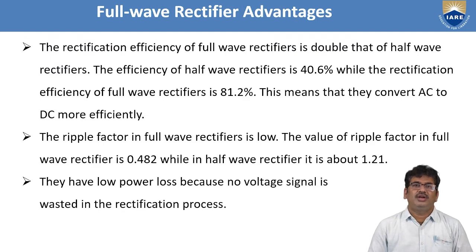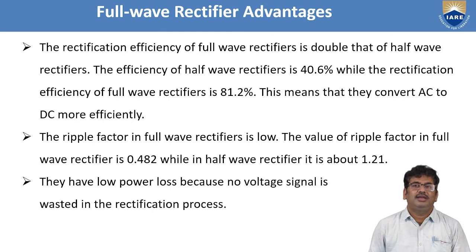Now we will see the advantages of the full wave rectifier. The rectifier efficiency of the full wave rectifier is double that of the half wave rectifier. The efficiency of the half wave rectifier is 40.6%, whereas the rectification efficiency of the full wave rectifier is 81.2%. This means that it converts AC to DC more efficiently in the full wave rectifier than in the half wave rectifier.